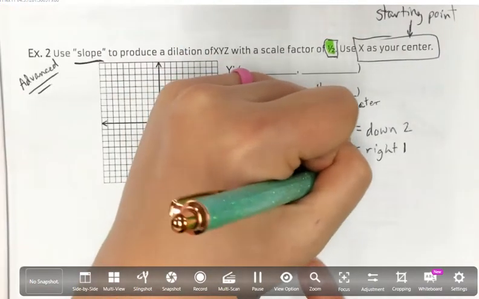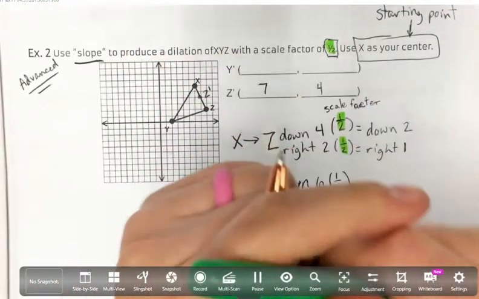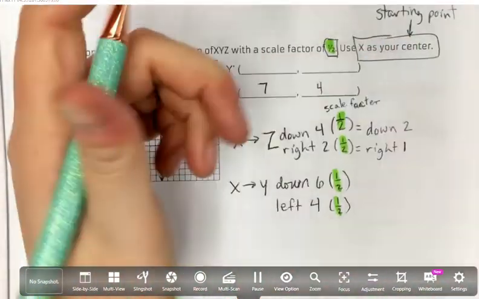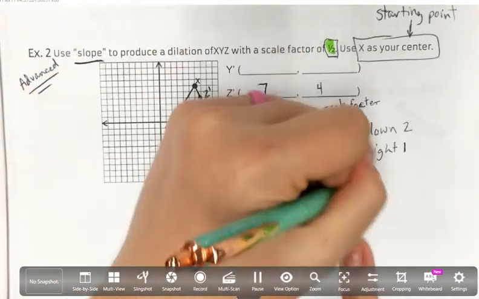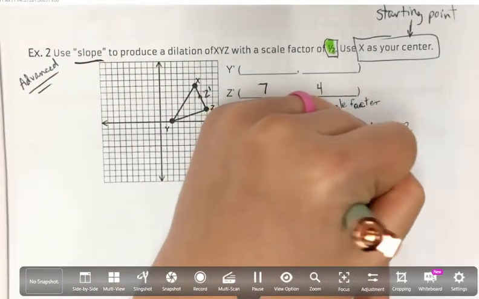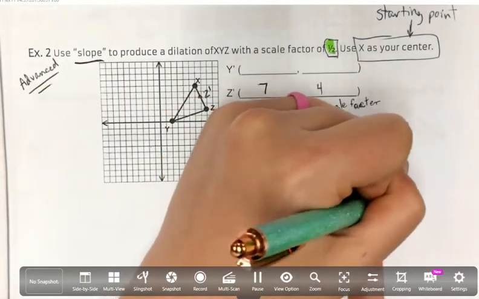And then we're going to take those and we're going to multiply by our scale factor. Let me get my highlighter back out. All right, 6 times 1/2 is 3, so it becomes down 3. 4 times 1/2 is 2, so it's going to be left 2.